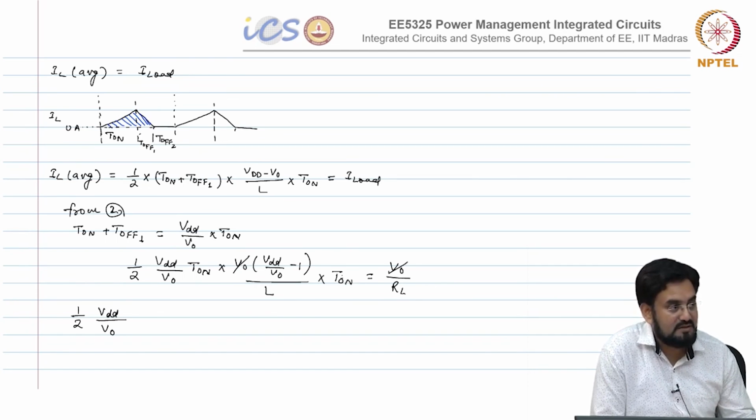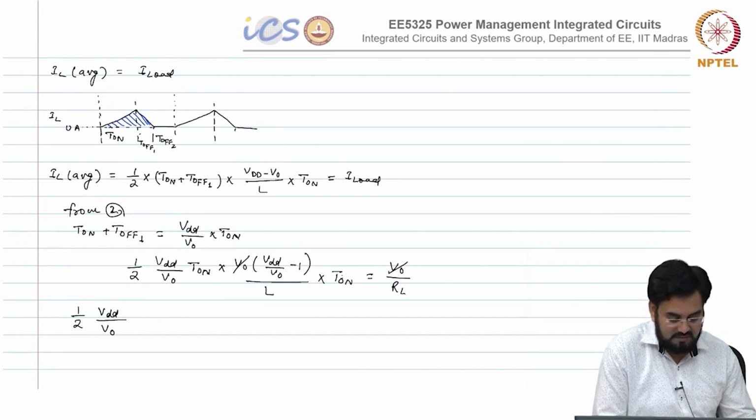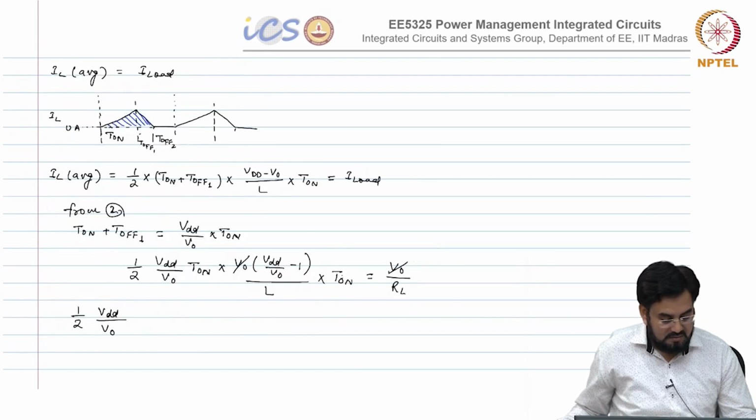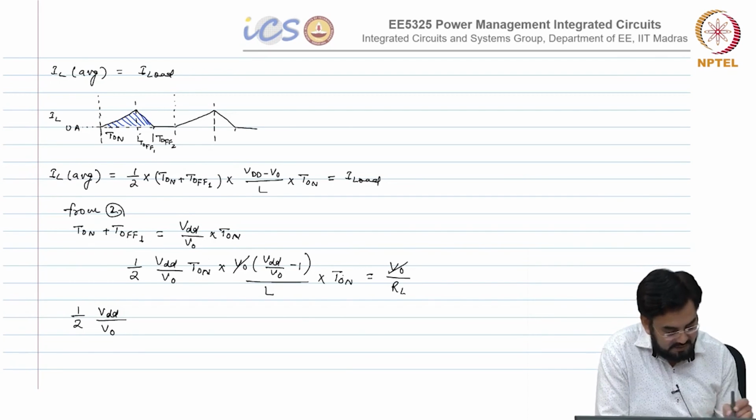T on square. Sorry? Which one? Divided by T. Which last term? So the total divided by total, I load is the area by T step. Oh, that one divided by. Oh, sorry. Yeah.